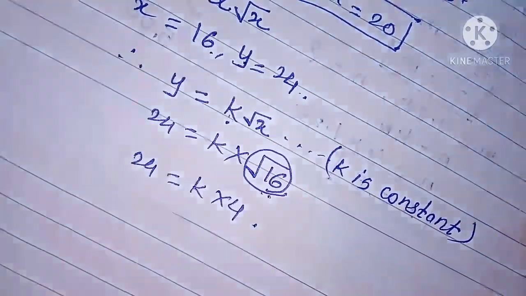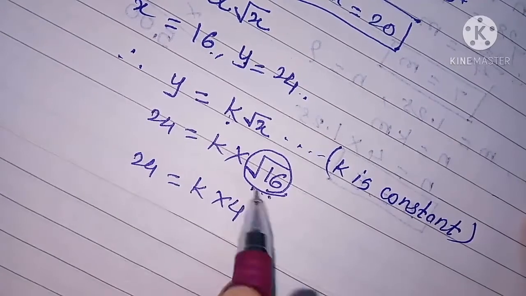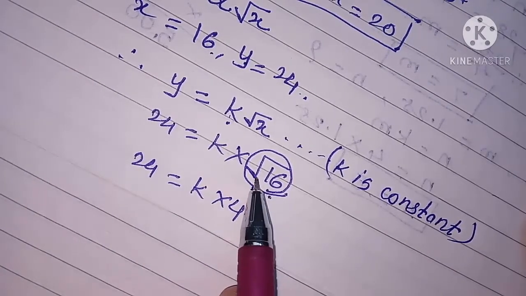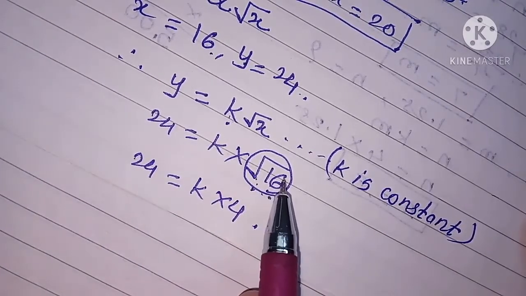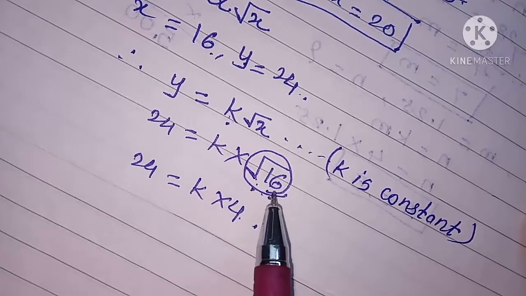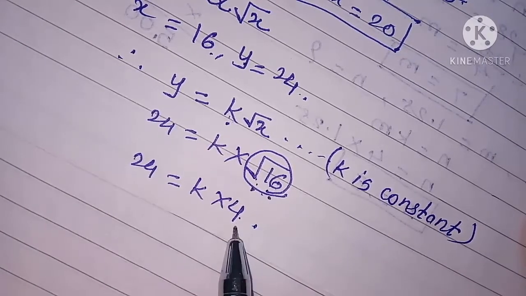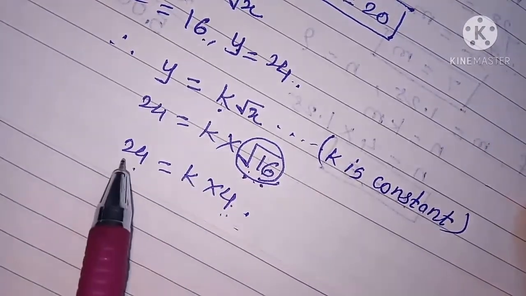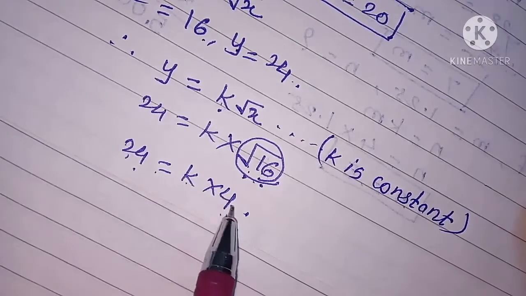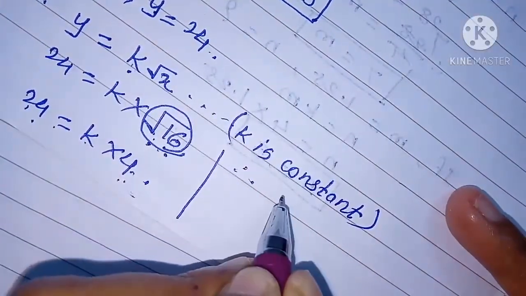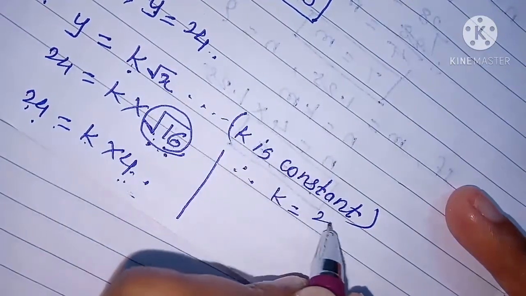The root sign is removed from the equation. As you know, 16 is the complete square of 4. 4 square is 16. So take 4 in place of under root 16. So here is the equation we got. 24 is equal to k into 4. Therefore, k is equal to 24 upon 4.